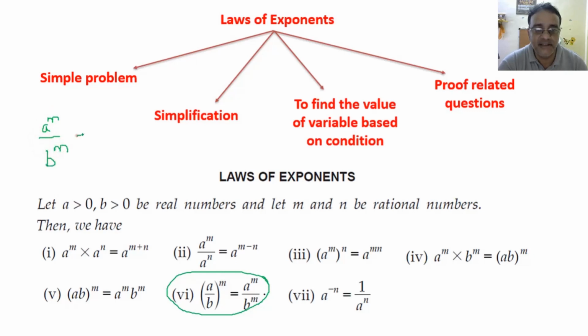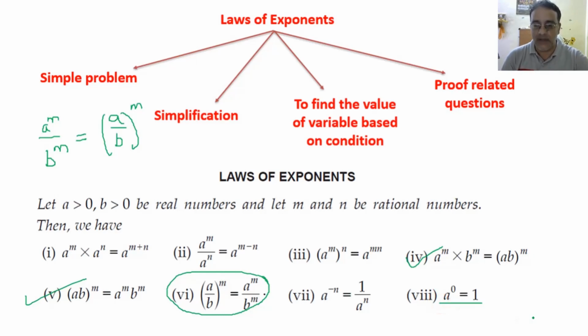If it is given in this form, then you will get a upon b whole to the power m. Okay. इसका उल्टा जैसा हम लोग ये वाला लिखे थे ना, this two, वैसे ही. And the last one is a to the power 0. The value of a to the power 0 is 1. Okay, these are the laws in which we are going to use in these different types of questions.